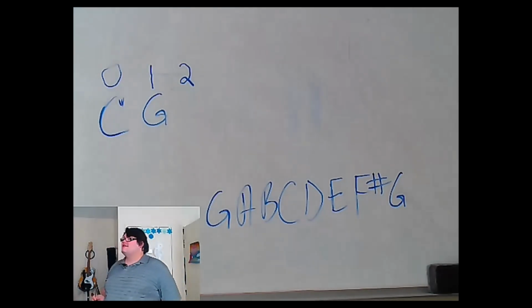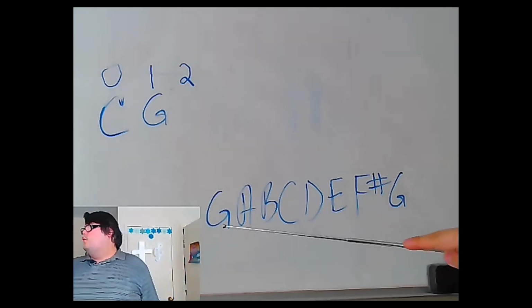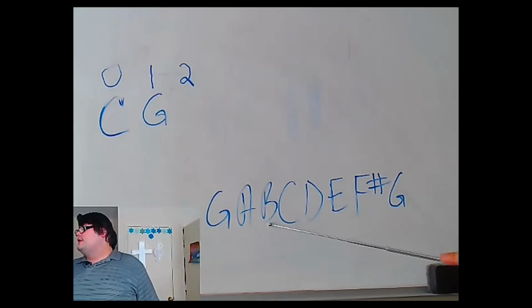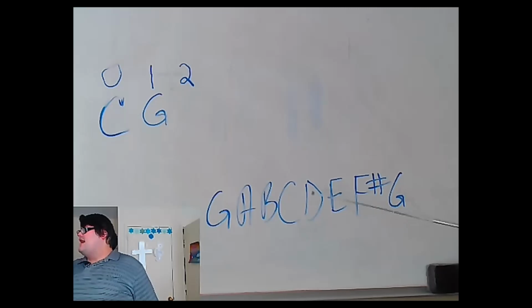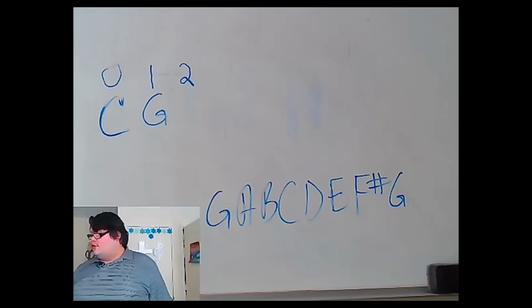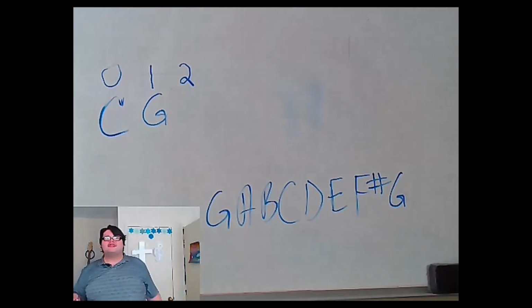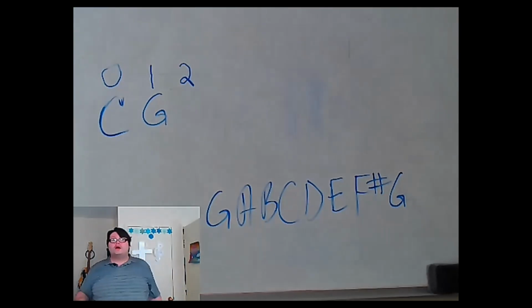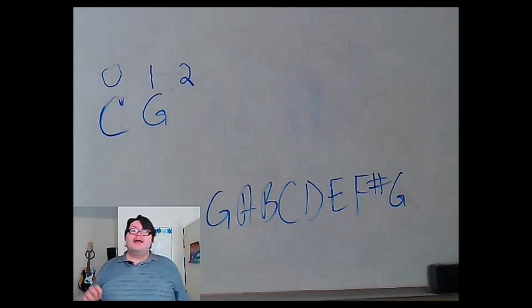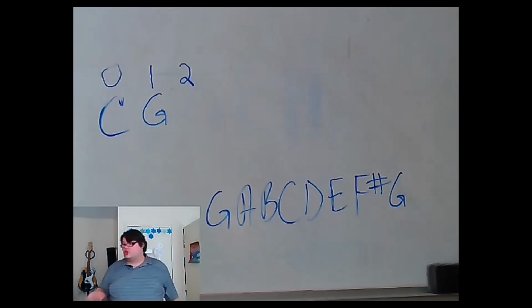Let's count up to 5: 1, 2, 3, 4, 5. So that note is the D note. What that means is that this note is the next one up, and this note will have 2 sharps.